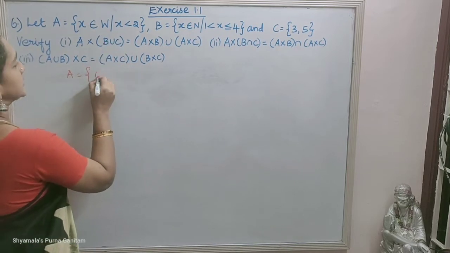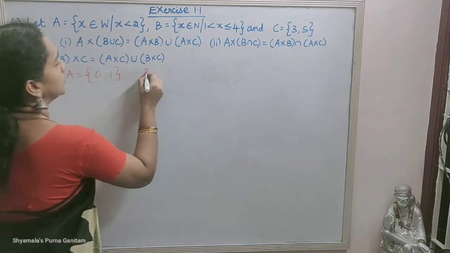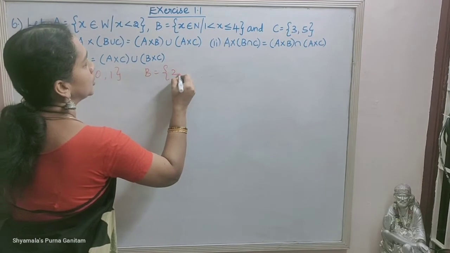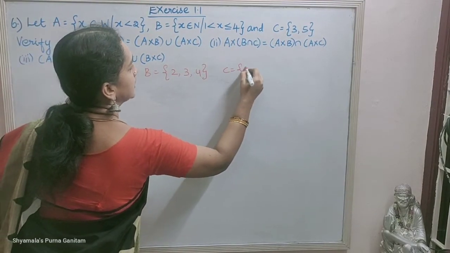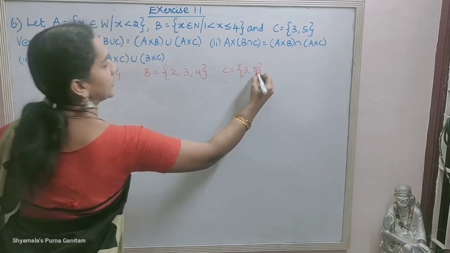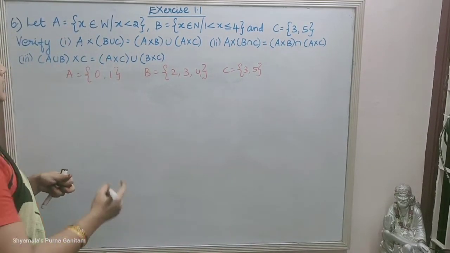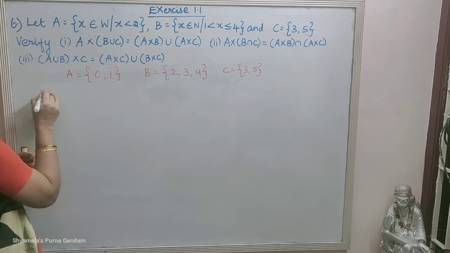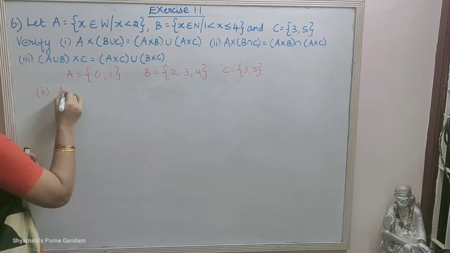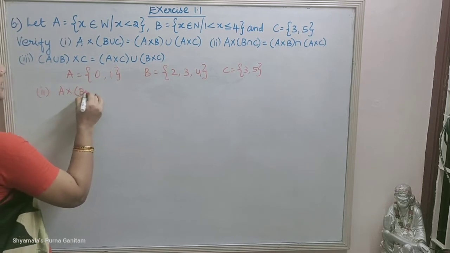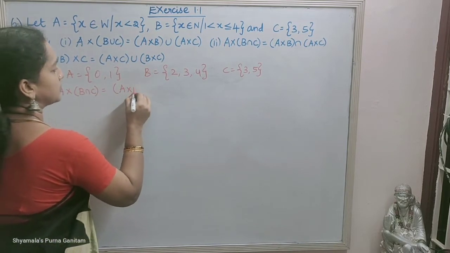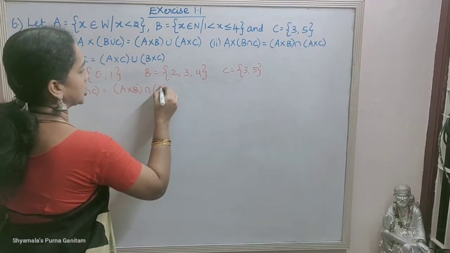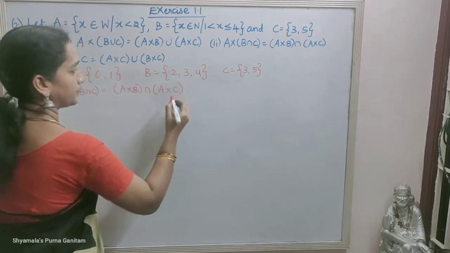A is {0, 1}, B is {2, 3, 4} and C is {3, 5}. Okay. So second one is, we are asked to check A cross (B intersection C) is equal to (A cross B) intersection (A cross C).